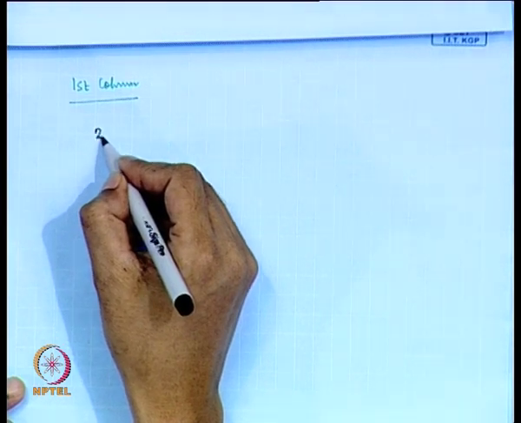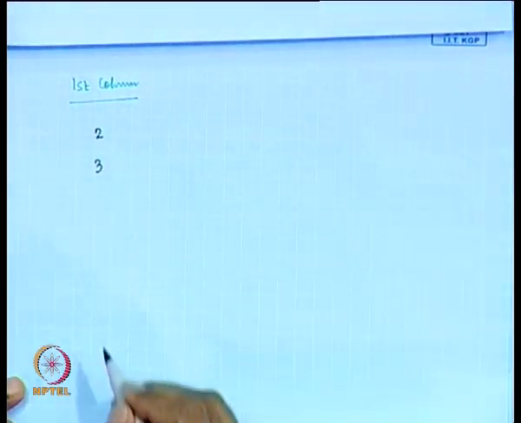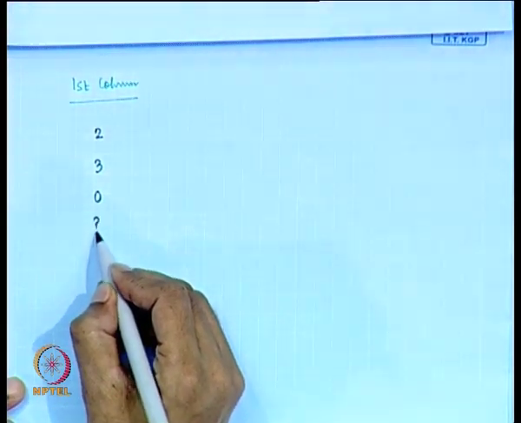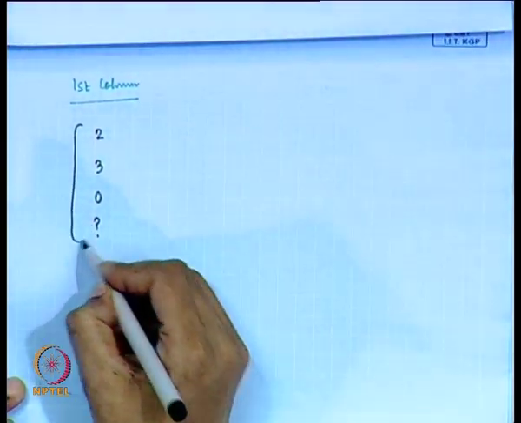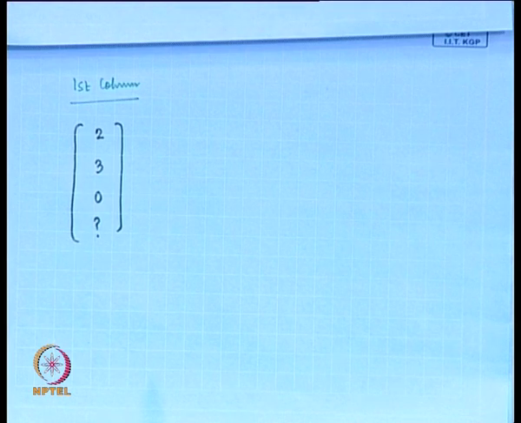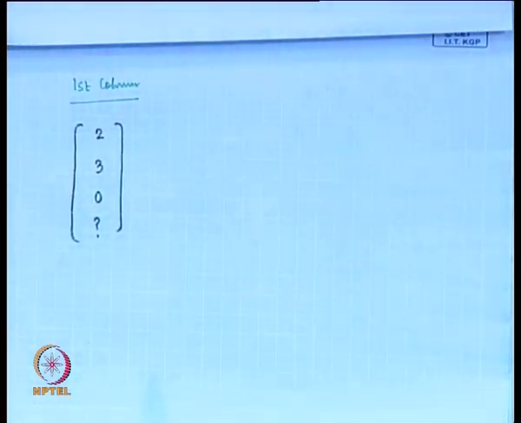First element is 2, second element is 3, third element is 0. So, up to the third row we can determine the elements in the first column.